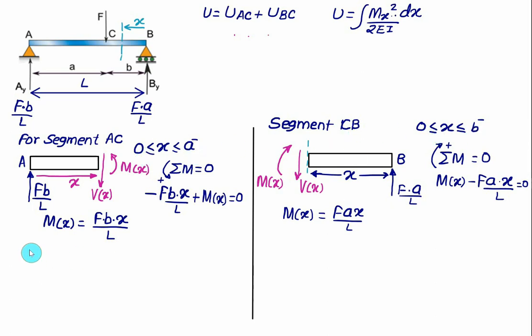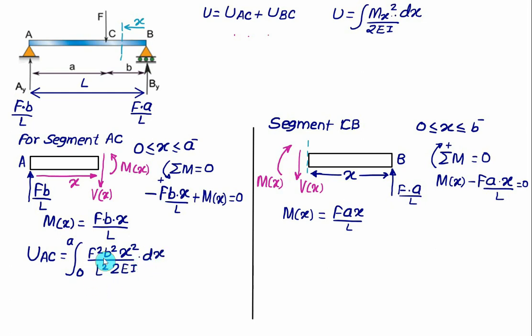So we have strain energy in the case of AC will be equal to integral 0, limit is a. We have Mx square is F square into b square into x square divided by L square, further divided by 2 times of EI into dx.